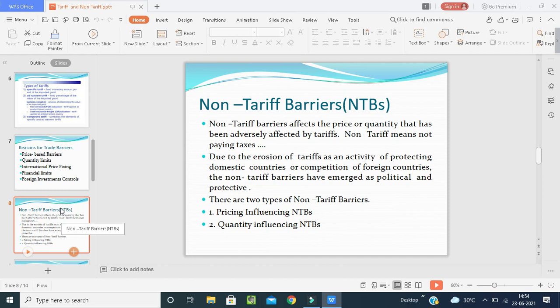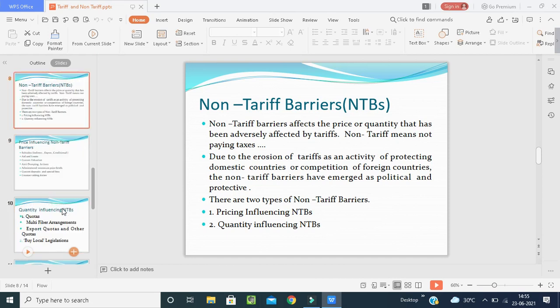Due to the erosion of tariffs as a means of protecting domestic countries from foreign competition, non-tariff barriers have emerged as political and protective. There are two types of non-tariff barriers. First one is price influencing non-tariff barriers. Second one is quantity influencing non-tariff barriers.